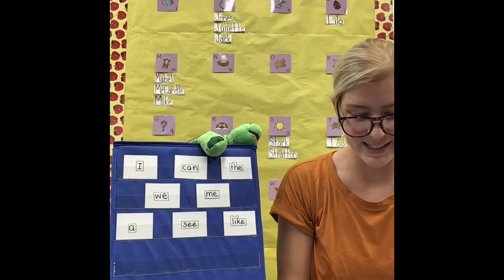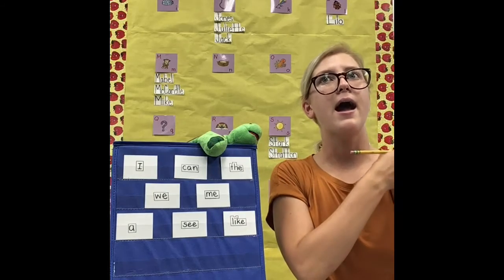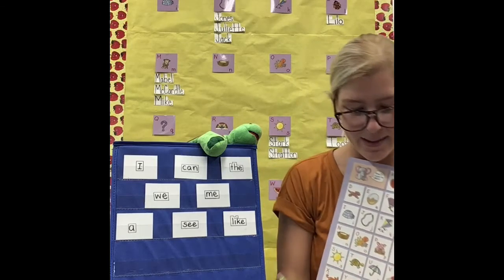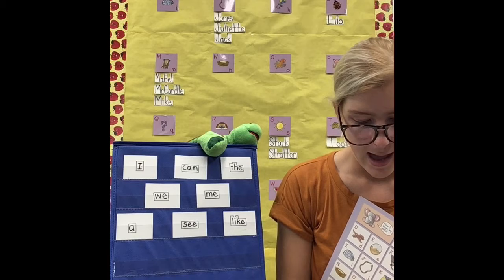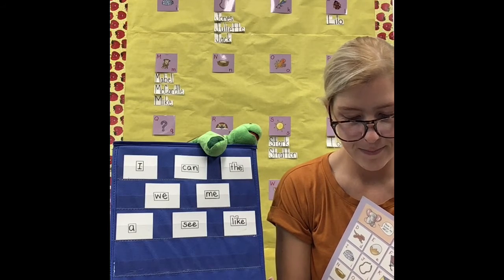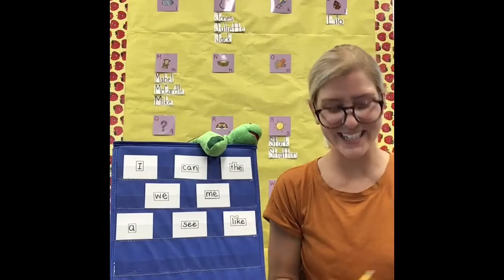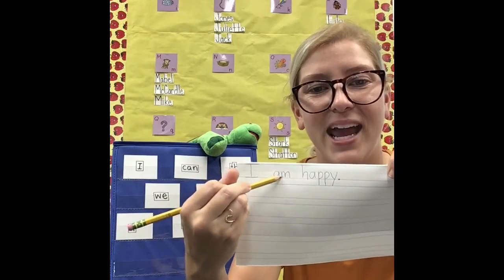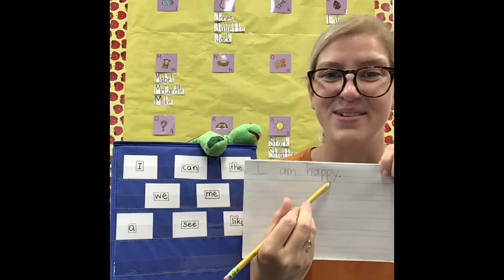Like an apple. That's the letter A. Like a pig. That's the letter P. I am happy. We have our first sentence in our letter to Spot. I am happy. And we ended it with a period.